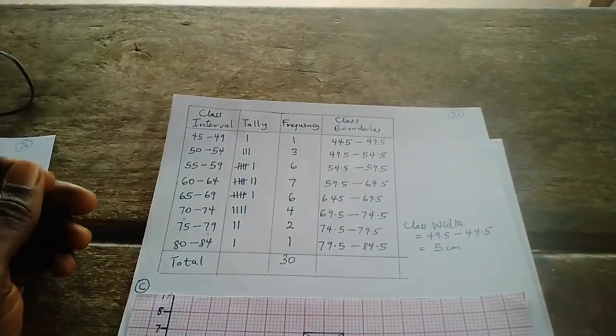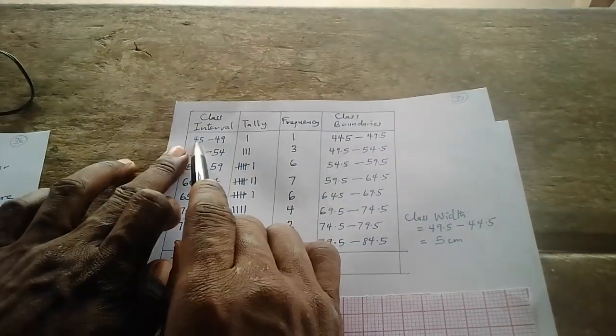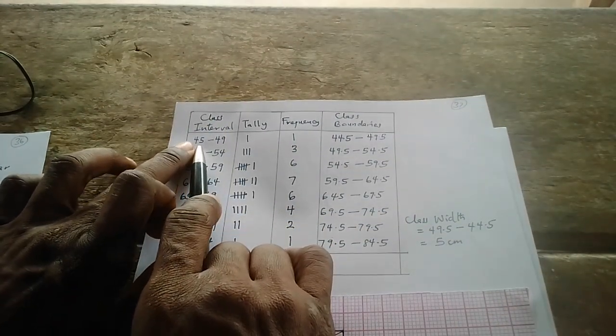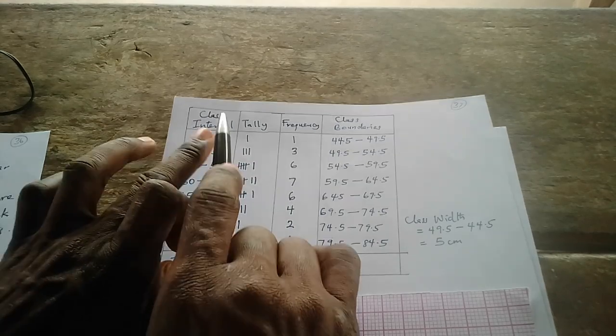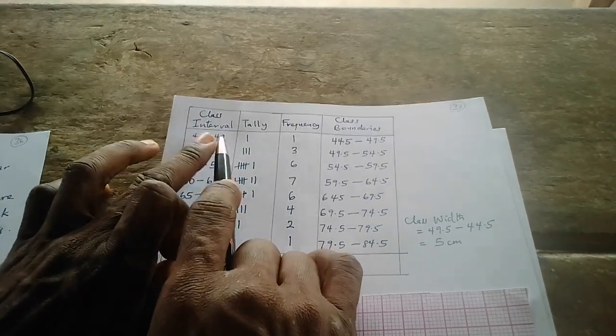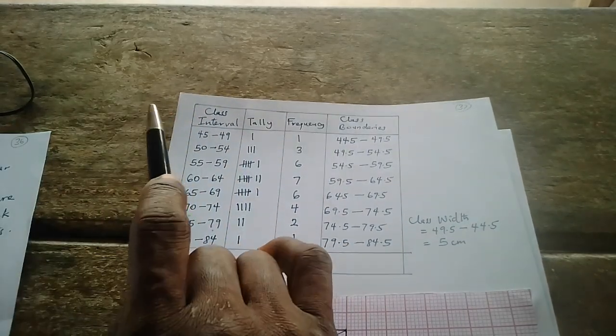Now, before we can draw our histogram, we must be able to get the class boundaries. How are we going to get the class boundary? You will subtract 0.5 from the lower class limit, then add 0.5 to the upper class limit.